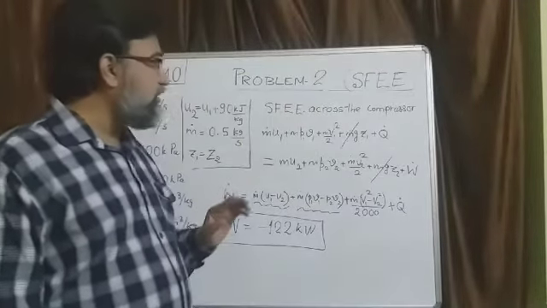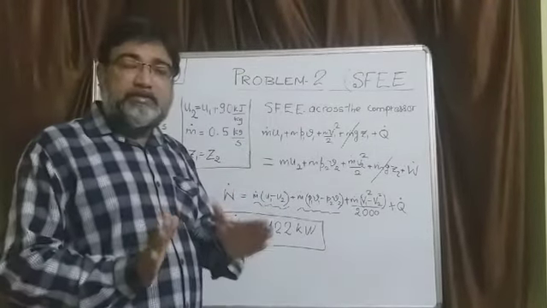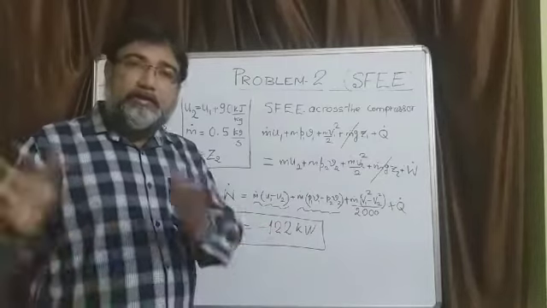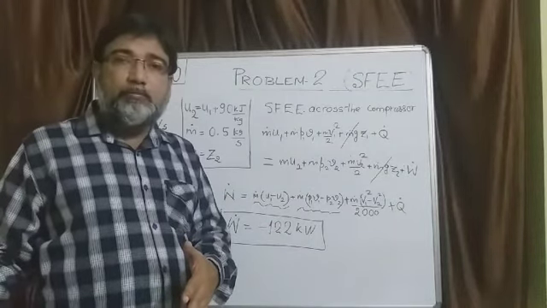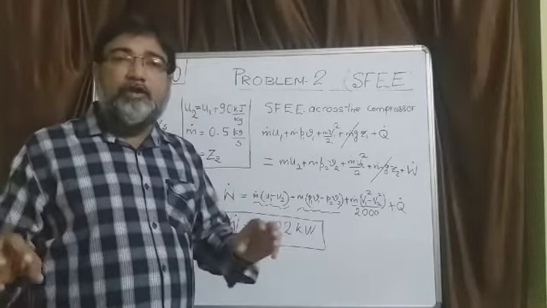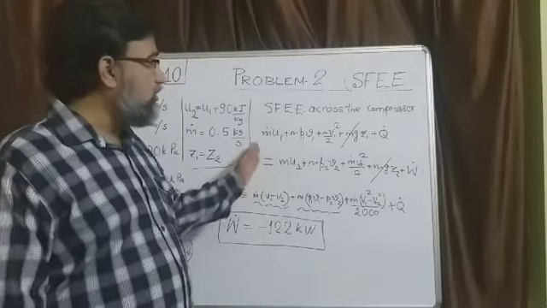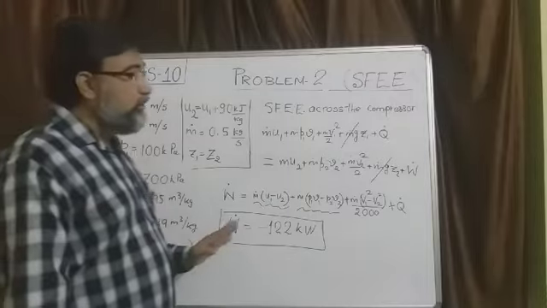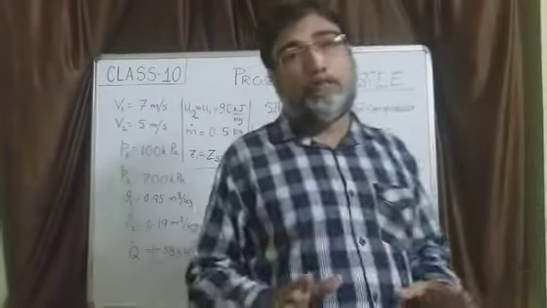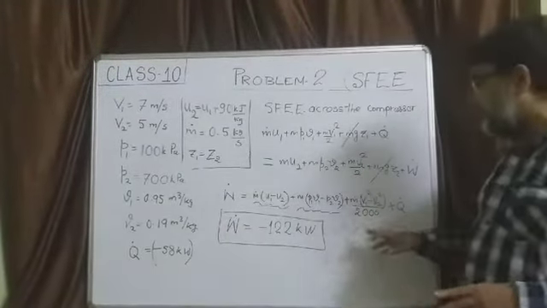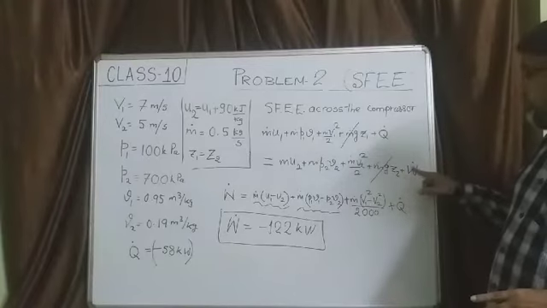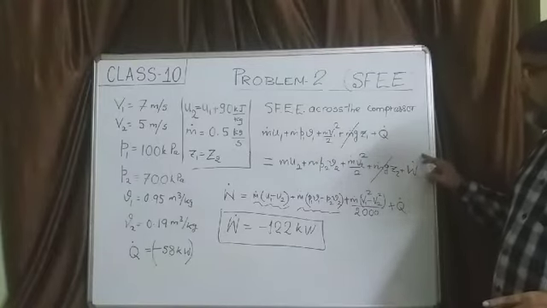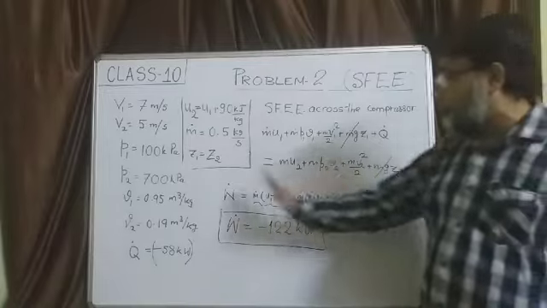Now in this equation, as is true for any other steady flow energy problem, everything will be given to you except one unknown. What is to be found out? You have to find out W dot, the power consumed by the compression. The value of W dot is what we are looking for. Therefore take W dot to that side.